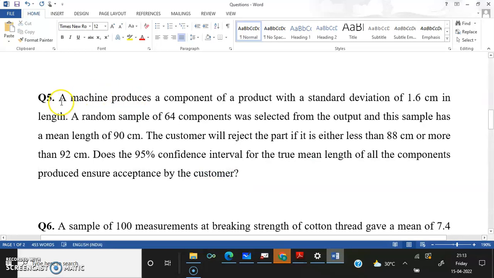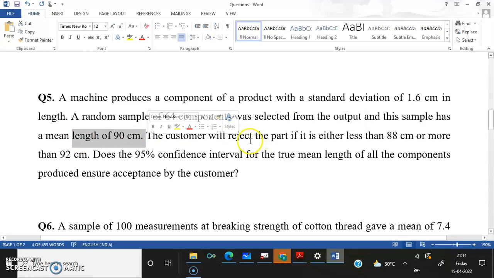So, what are the data given? We have to see. First of all, it is a machine, right? It produces a component of a product with a standard deviation. So, this is the population standard deviation, 1.6 centimeter length. A random sample of 64 components is selected randomly. The sample has mean length 90 centimeter.